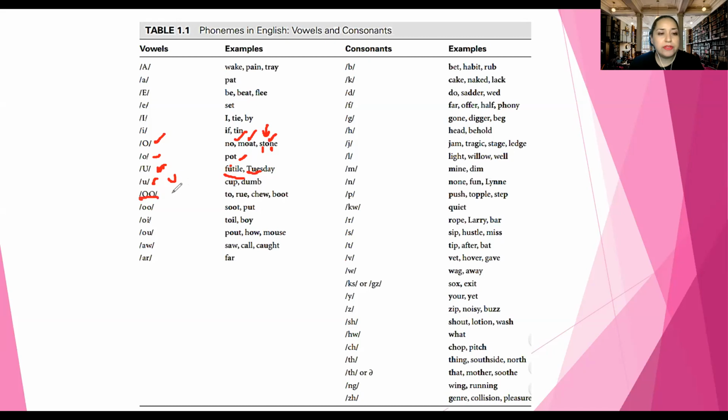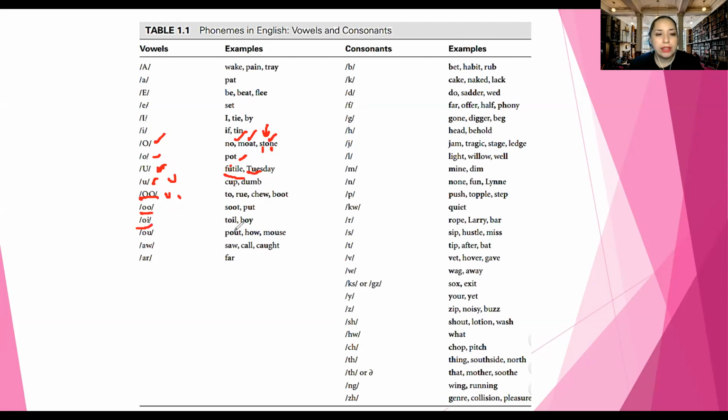The sound of the O, it's like you. To, ru, shu, put. But there's also the other sound like thu, put.